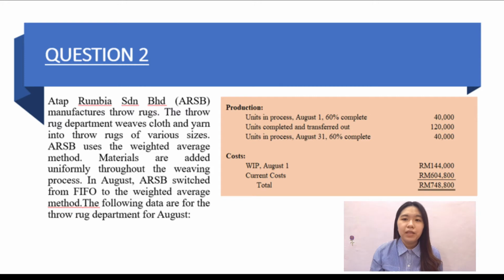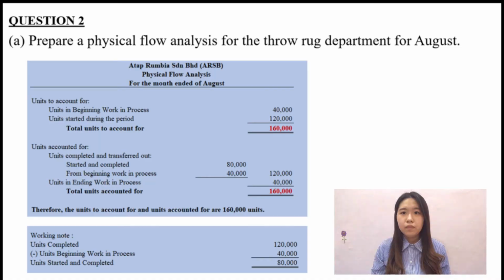The cost of beginning work in process on 1st of August is 144,000 ringgit Malaysia. The current cost is 604,800 ringgit Malaysia, and the total amount of the cost is 748,800 ringgit Malaysia. Let's start with question 2A.